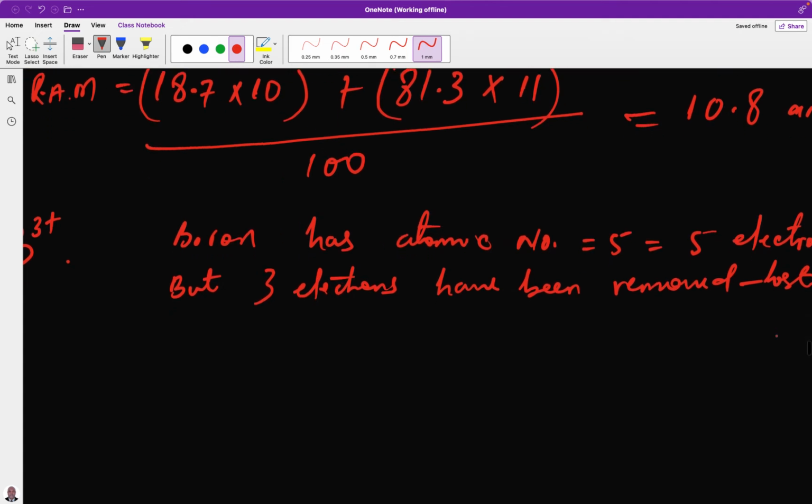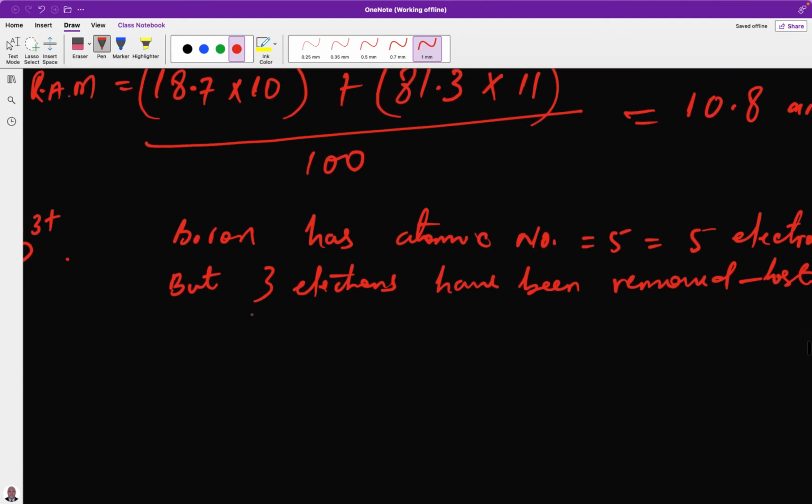Now, the number of electrons left in B3+ will be equal to what? 2 electrons.